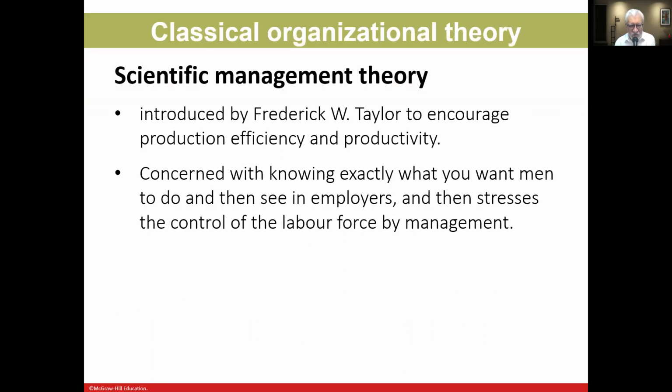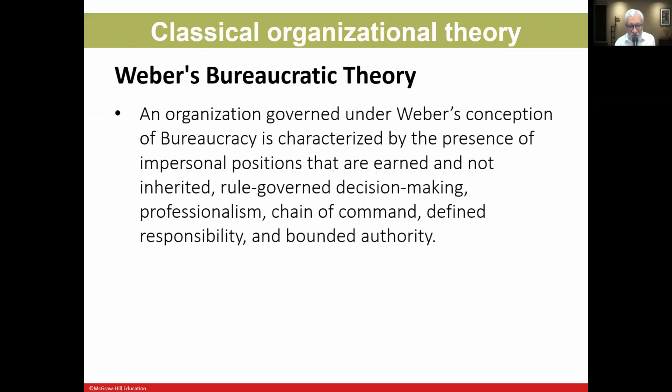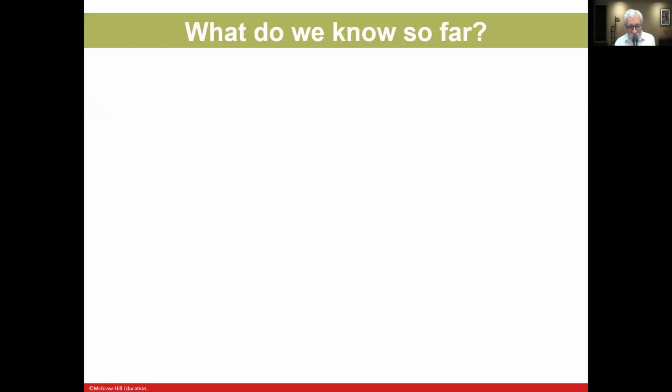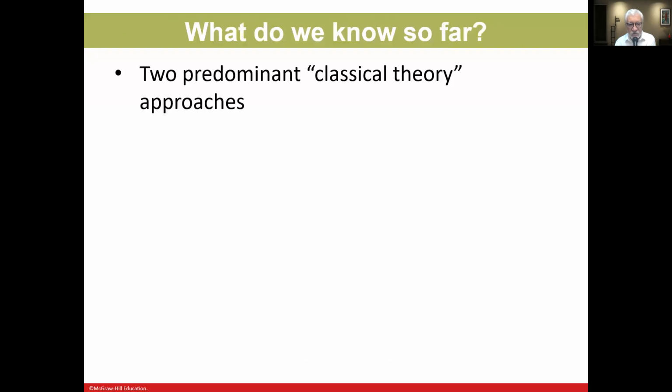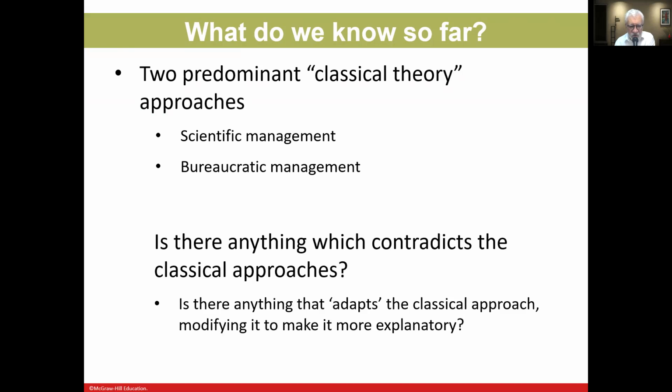You understand scientific management theory, so I don't have to devote an enormous amount of time to this, nor do I have to devote an enormous amount of time to Weber's bureaucratic theory, because we did this in the early stages of this course. But what we know is that there are two primary classical theory approaches, scientific management and bureaucratic management, and the task then is to say, is there anything which contradicts that?